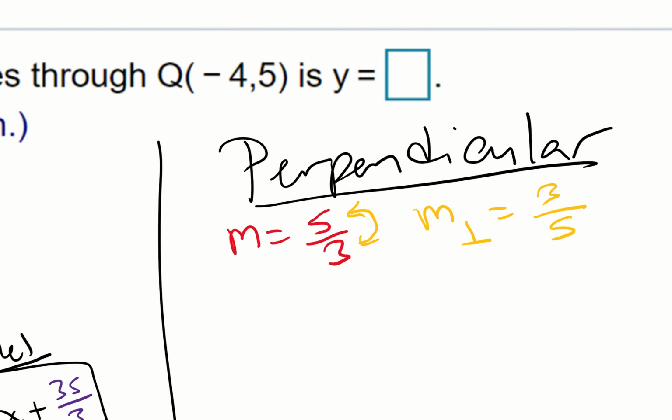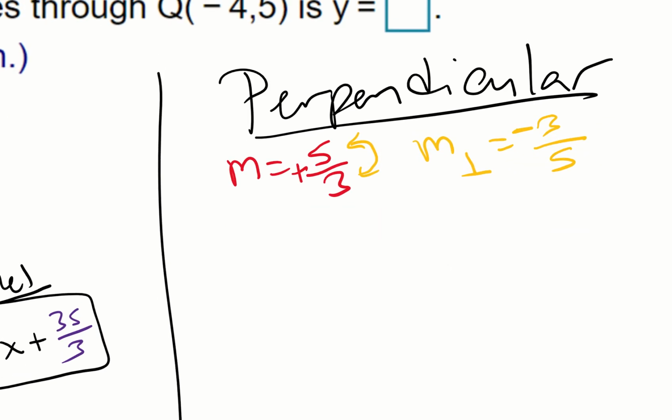And then I have to change the sign of the fraction. So this fraction originally is positive, right? And so I'm going to change it to a negative. So I change the sign, I change the fraction. And that's my perpendicular slope. And so when I do my y equals mx plus b, I'm going to use that new slope.